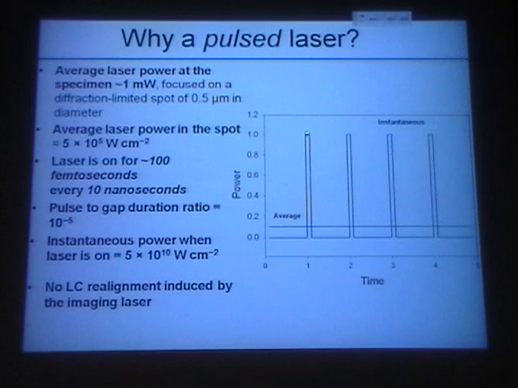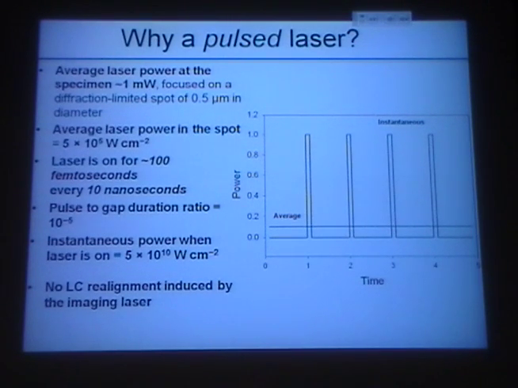Although we will have very high instantaneous laser power in the pulsed laser beam, the average laser power to which the sample will respond, in terms of not overheating, not burning things, the average power will be low, right? And so, having this instantaneous laser power or intensity very high will allow us to have high probability of multiphoton absorption processes.